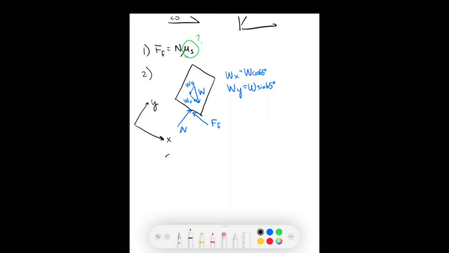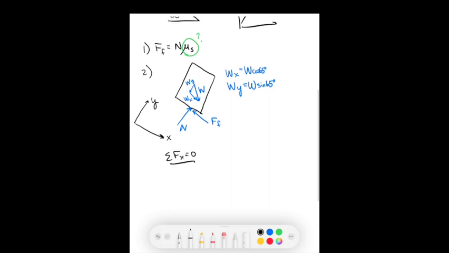And now I'll set up equations for equilibrium, starting with x. Using my rotated x-axis, I see that there is a friction force to the left, and Wx to the right.